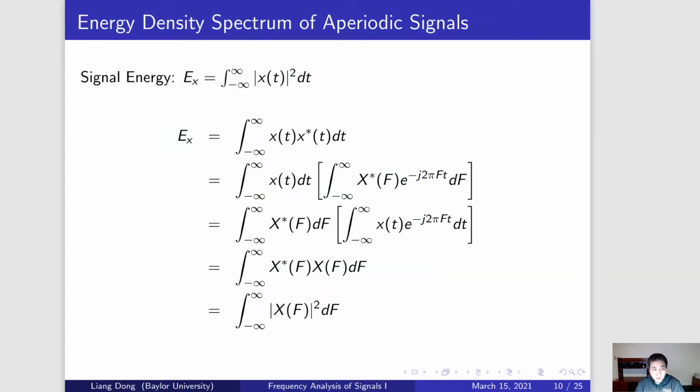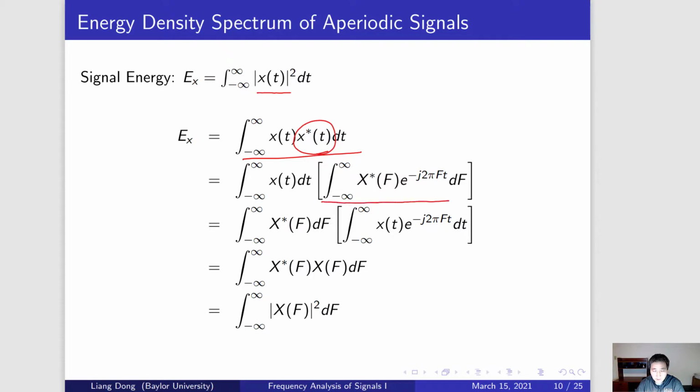Next, we can use some similar steps to find the signal energy of the aperiodic signal. So |x(t)|² is the instantaneous power. Therefore, if I integrate |x(t)|² over the entire time, I get the signal energy. So the signal energy is in this format, where I am using the synthesis equation, or the inverse Fourier transform, to replace x(t) conjugate.